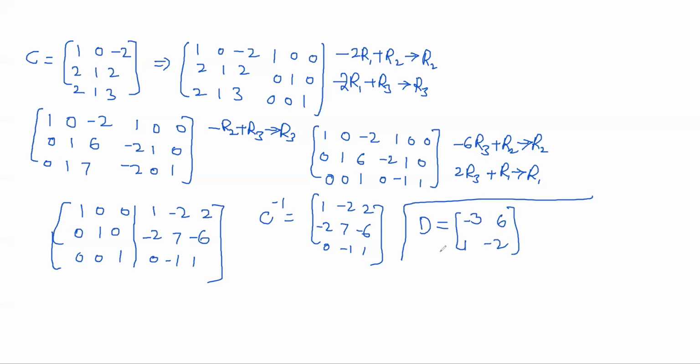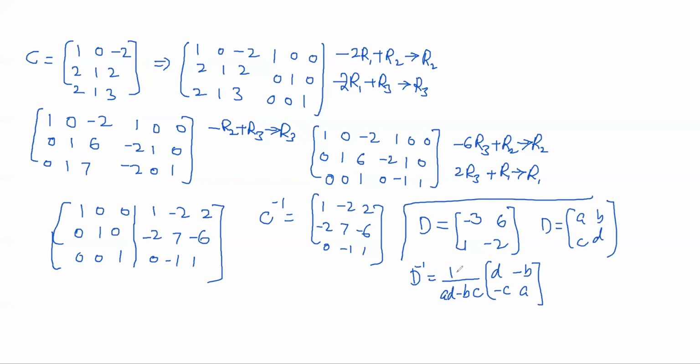Since this is a 2 by 2 matrix, its D inverse can be found by the formula 1 over AD minus BC times the matrix minus B minus C A, where D is represented by A B C D, or you can apply the row operations. Either method would work.